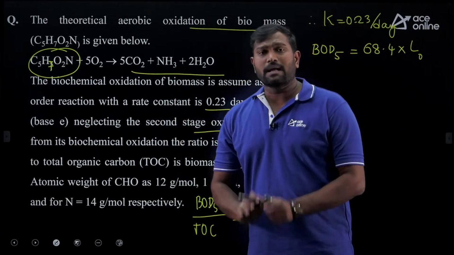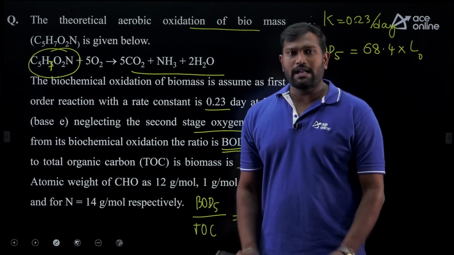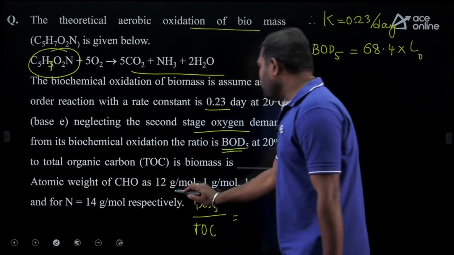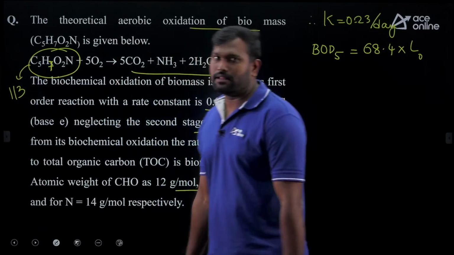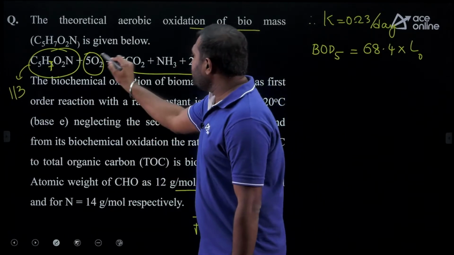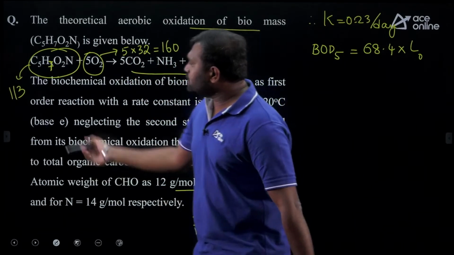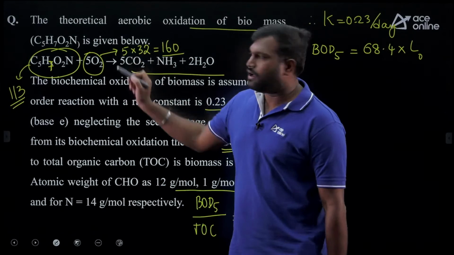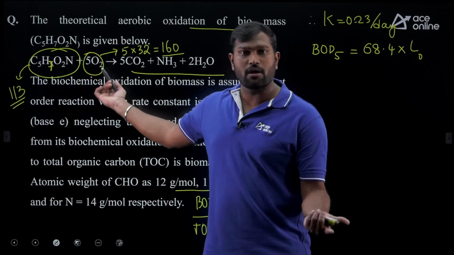The given chemical compound is completely organic, which means the BOD itself is going to be the theoretical demand. So the ultimate BOD and theoretical demand both are going to be the same. From the given equation, if you find out the molecular weight, it will be 113. And for this compound, the amount of oxygen required is 5 into 32, which is going to be 160 parts. You see here, 113 parts of this compound requires 160 parts of oxygen. So one part of this chemical compound requires how much?